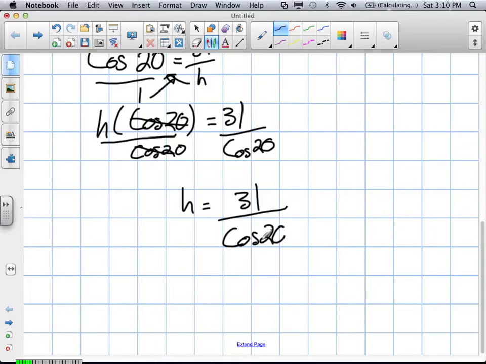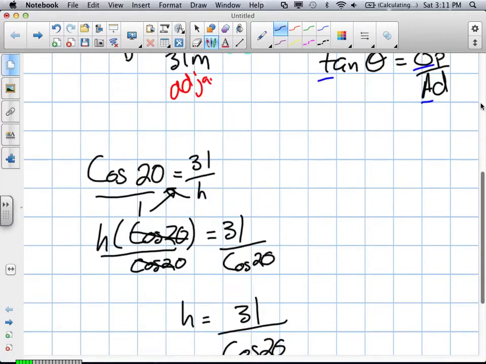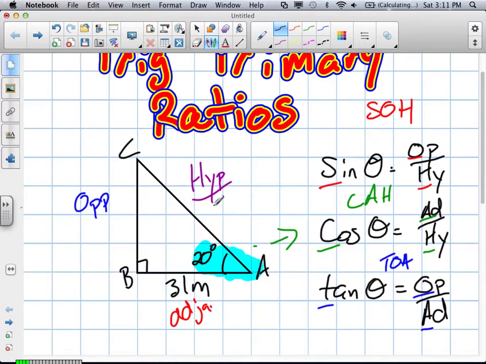When we solve that, the hypotenuse is 32.98 meters. It might even say approximately 33 meters.